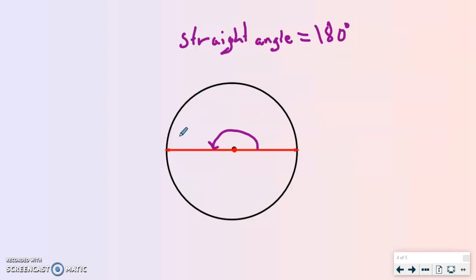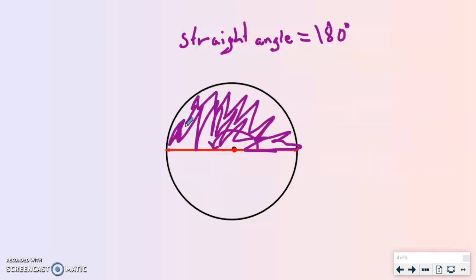I'm going to shade in this top section here, very sloppily, but just so that you can get the picture. So if I shade in the portion that is my straight angle, how much of the circle's been shaded in? Right, it's 1/2.